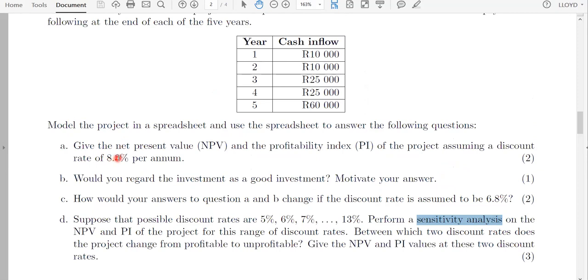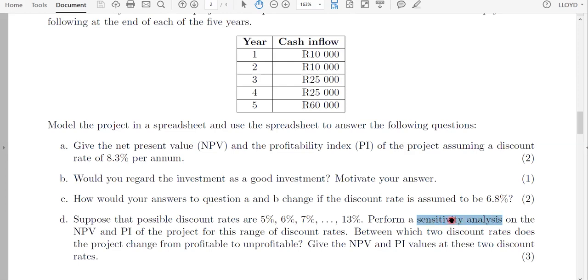In real life, as time progresses, the discount rate can either go up or go down, isn't it? So the project should be quite robust to the smaller changes in the interest rate. It should still be profitable, even though we've got slight deviations from what you expected the discount rate to be. So that is what sensitivity analysis is all about.